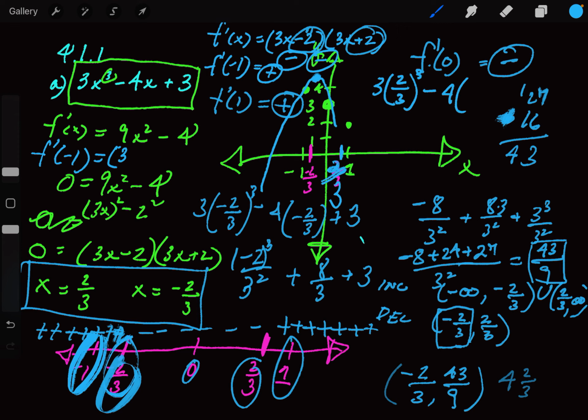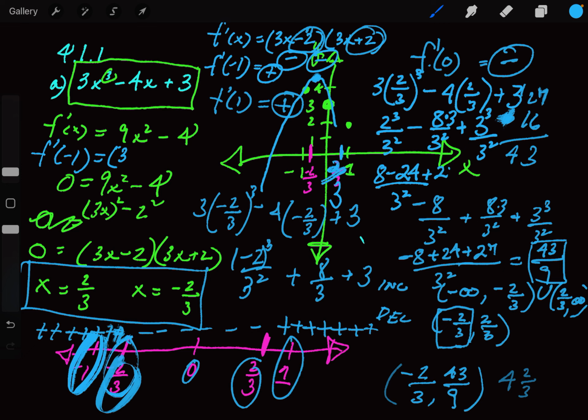But let's see. 4 times 2/3 plus 3. I'm going to get, again, 2/3 over 3 squared minus 8/3 plus 3. This is going to give me times 3 squared and then over 3 squared. And I'm going to get 8 minus 24 plus 27.